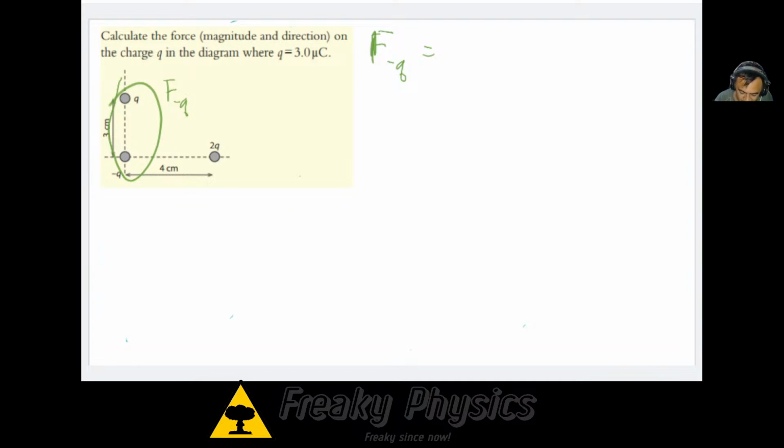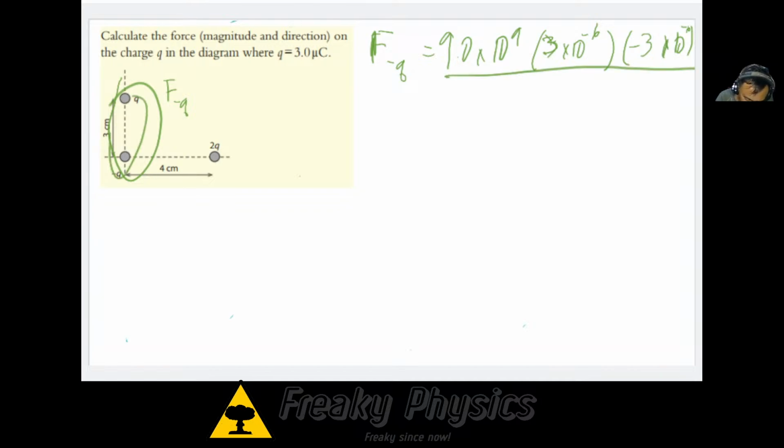And that's gonna be 9.0 times 10 to the 9 times Q, 3 times 10 to the minus 6, times negative Q, negative 3 times 10 to the minus 6, all over r squared. I think I made a mistake earlier. This should be 3.0 times 10 to the minus 2 meters squared, right? Let's remove the meters here.